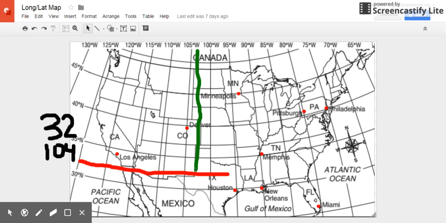I know it's not the straightest line, but you get the idea. And right where those two lines meet, so your green line should be your right finger that's coming down, and your red line should be your left finger. As you bring those two fingers across, they should meet at a certain point. This is where you should have touched on the screen for where 32 and 104 degrees is.